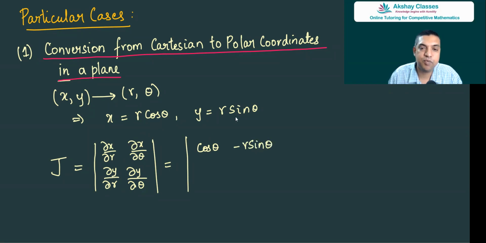The derivative of y with respect to r is sin theta, and the derivative of y with respect to theta is r cos theta. Now in this determinant, you can take r outside.